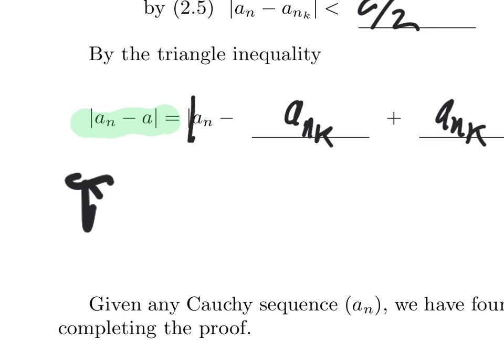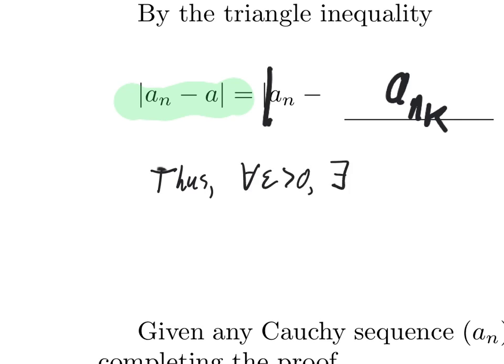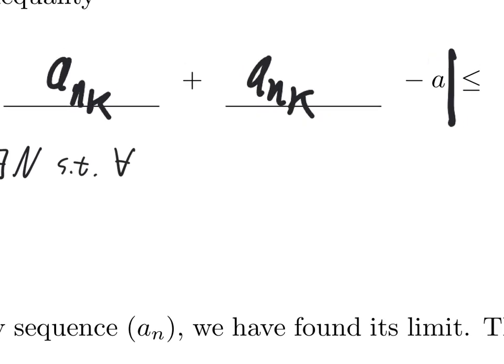Thus, for all epsilon bigger than 0, there exists a big N such that for all little n bigger than big N, the absolute value of a sub n minus A is less than epsilon.